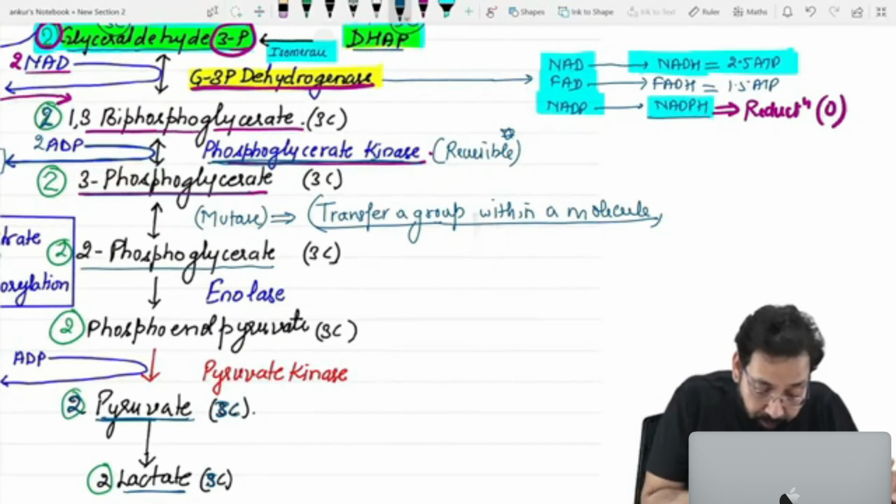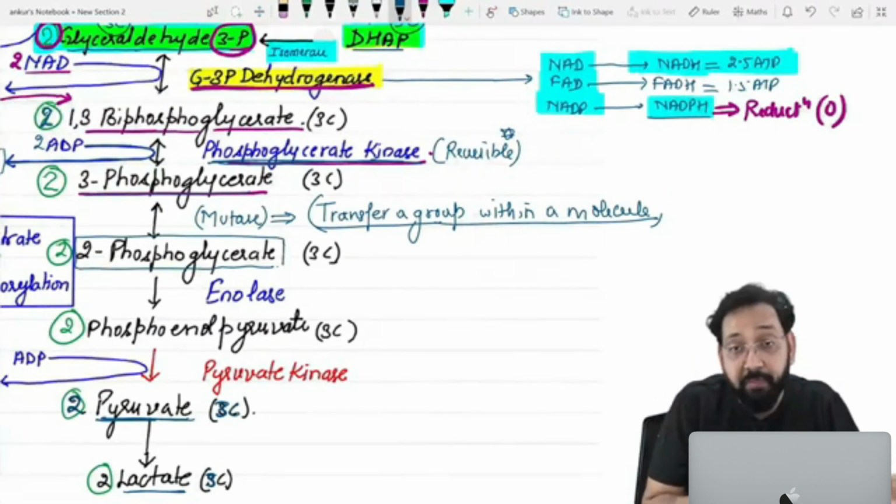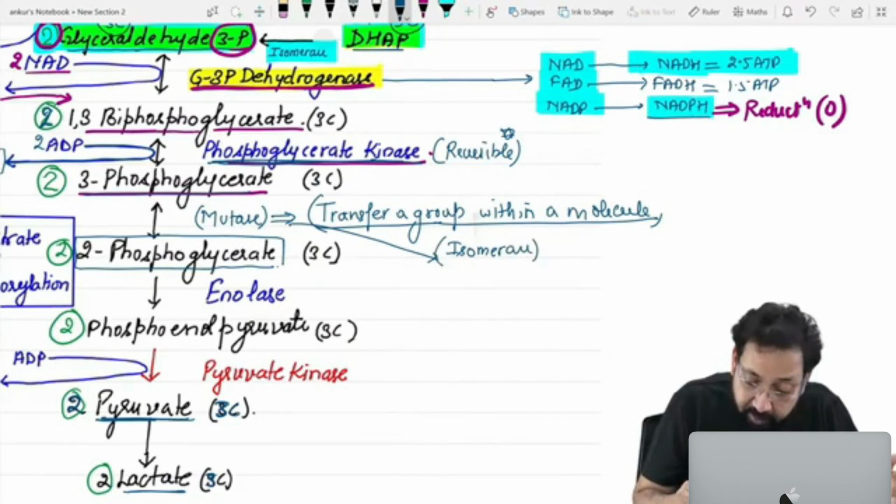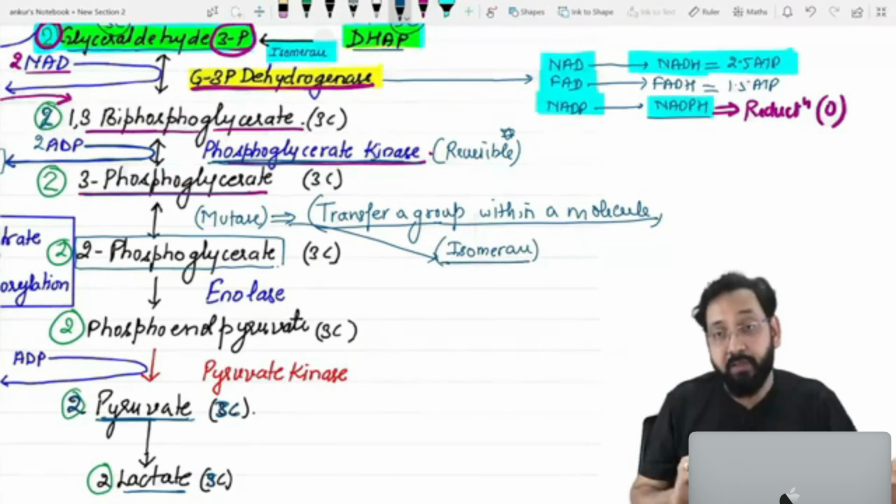That's why the molecular formula is the same. If the molecular formula is the same, they are isomers. So mutase is not a transferase, it is an isomerase.